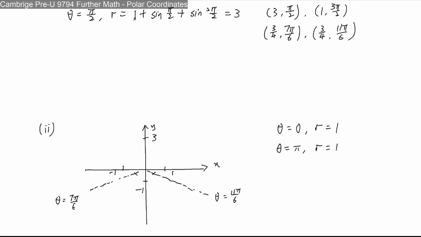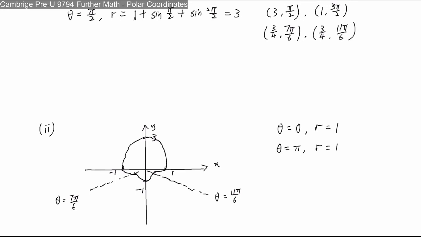So how do we sketch this? We join all of these. Here r goes from 1 to 3 to 1 again, and then when it passes through theta equal to 7 pi over 6, it has a minimum because 3 over 4 is the smallest among all these points for r. Then there is a little bit of turning to touch 3 pi over 4 where r is equal to 1, so we go back to the minimum r, and then back to 1 again.